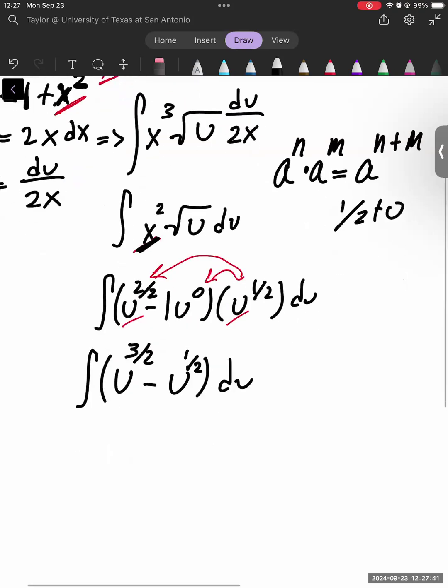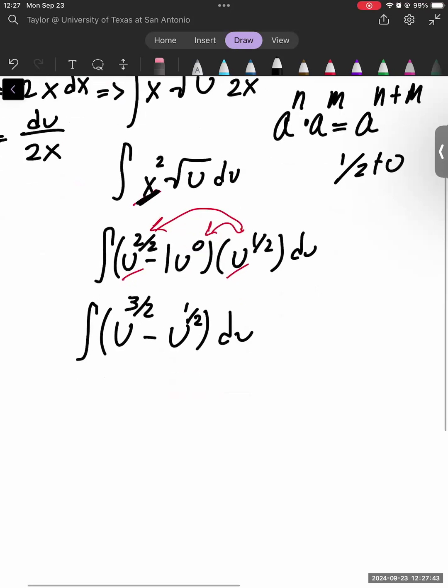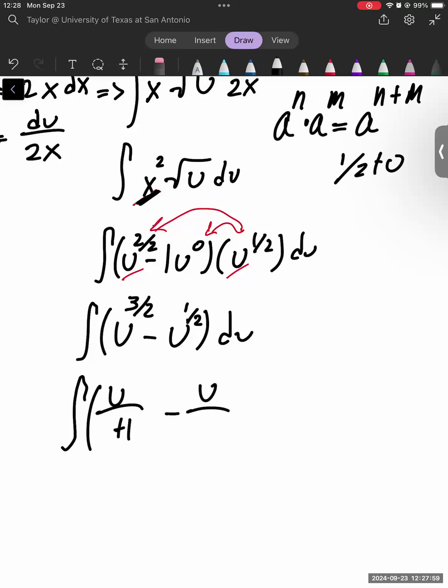So the next thing we need to do is evaluate our integral. So then I get, what do I get for this term? I get something to the something over something plus 1 minus u to the something over something plus 1. What do I get here? And then what do I get here?